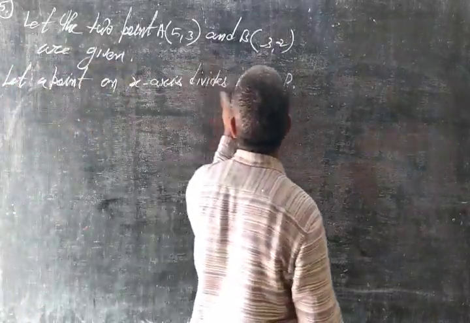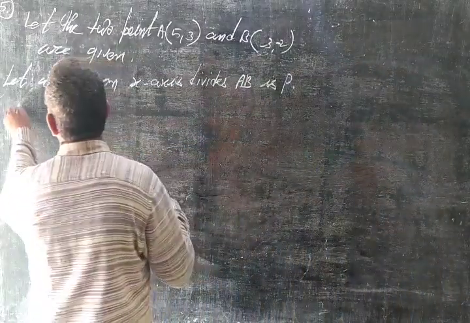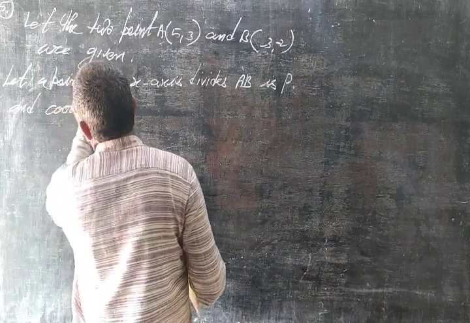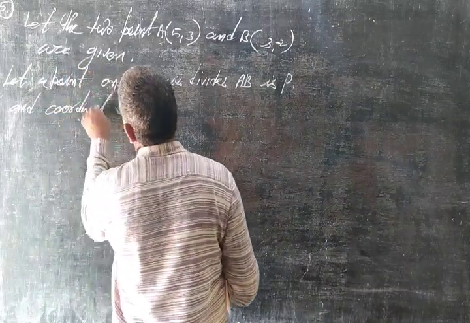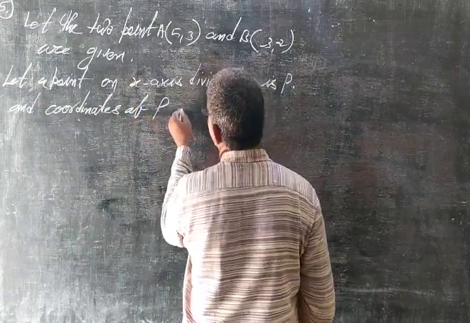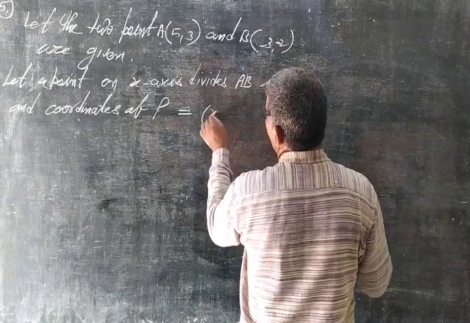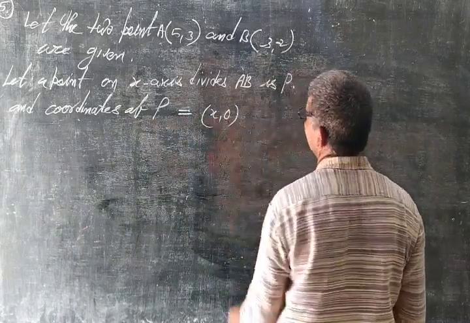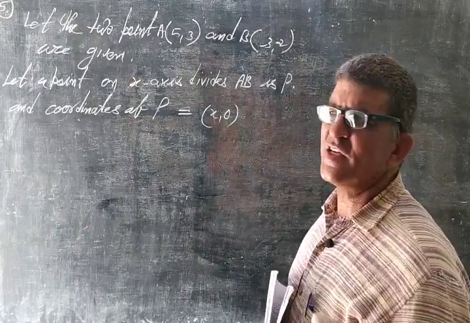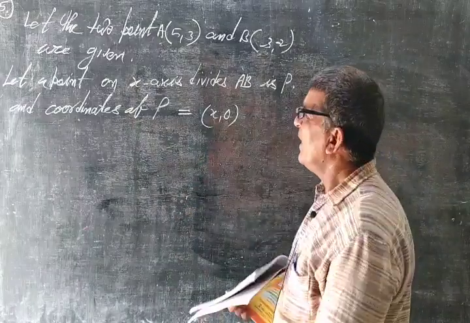Let the point on the x-axis that divides AB be P, and coordinates of P equal to (x0, 0), because on the x-axis the y coordinate will be 0, that is why it is 0.